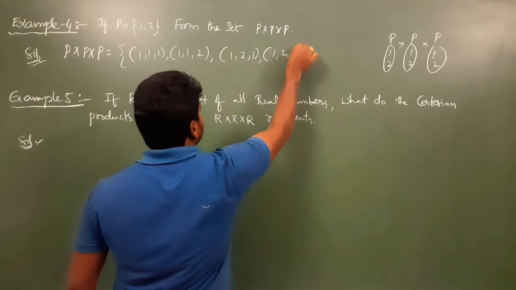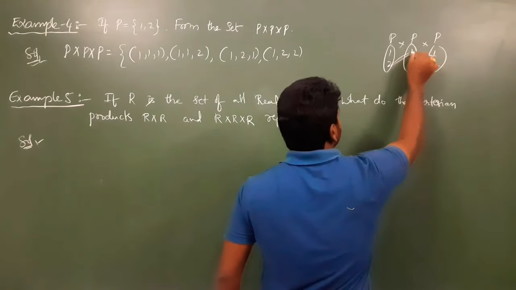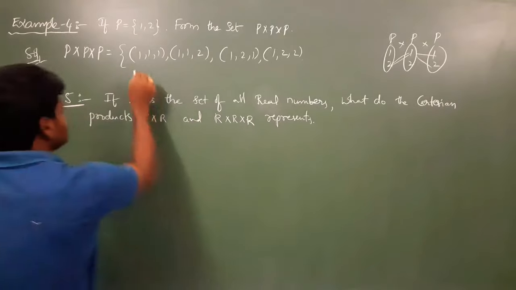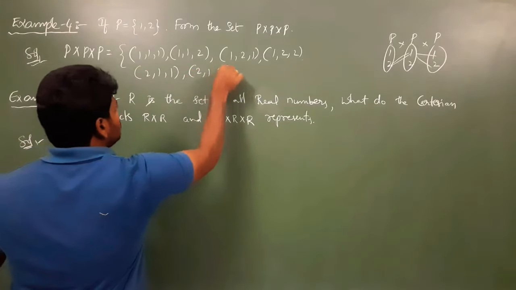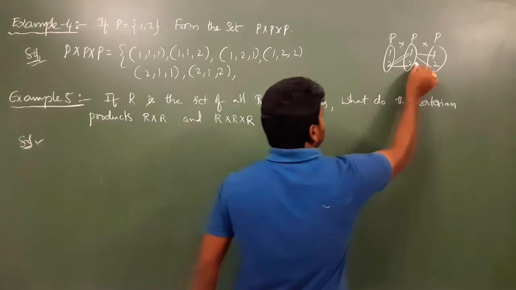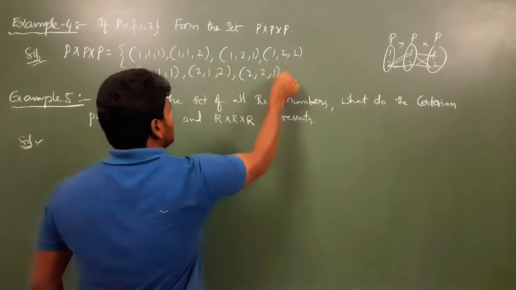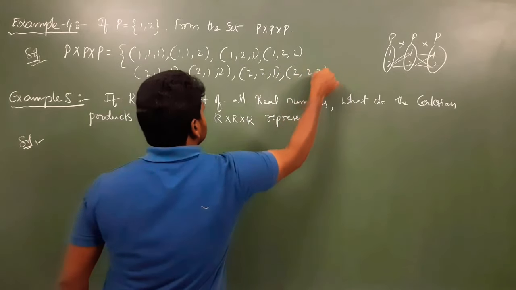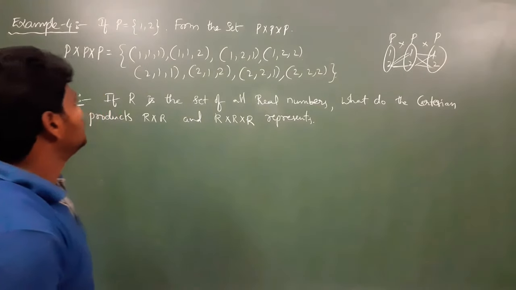Next 1, 2, 2. Next with 2: 2, 1, 1. Next 2, 1, 2. Next 2, 2, 1 and 2, 2, 2. So this is P cross P cross P.